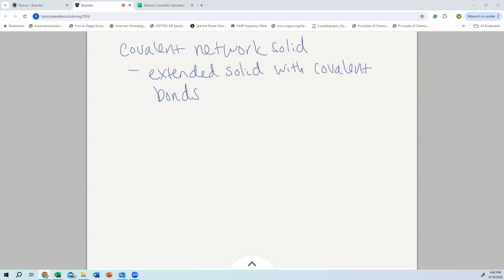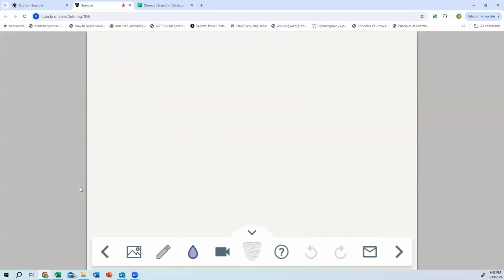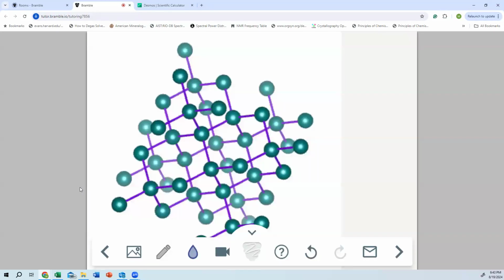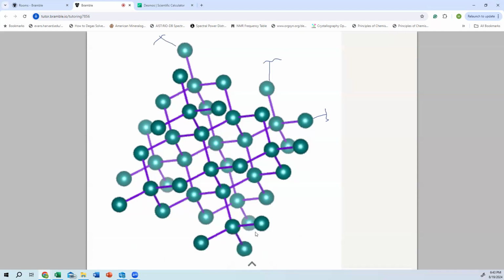Covalent network solids are atoms beyond count. So this just keeps going on and on. The covalent bonds go on and on and on until you cut the solid off. So that's why it's considered an extended solid.